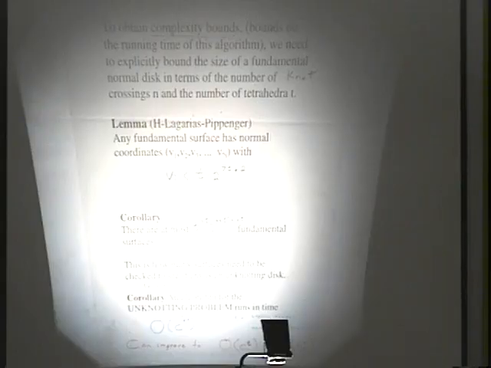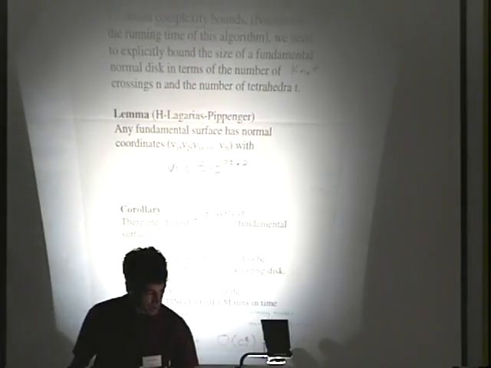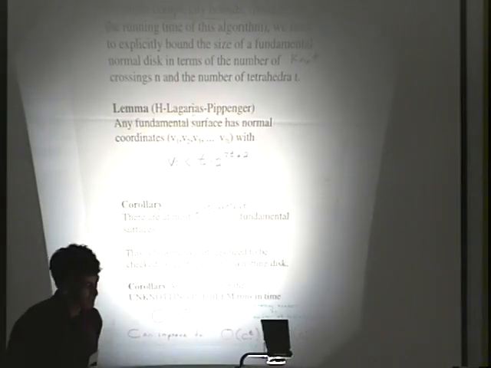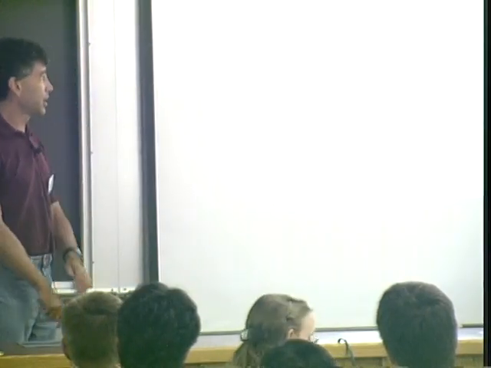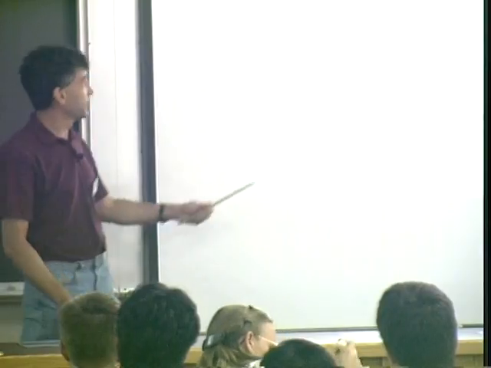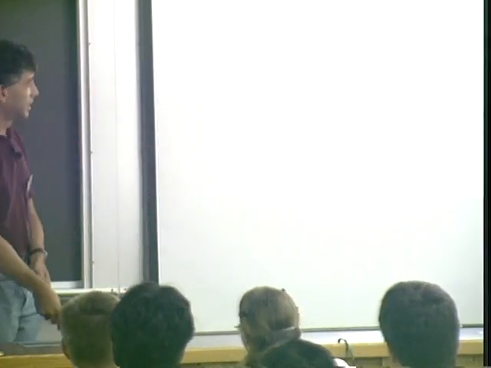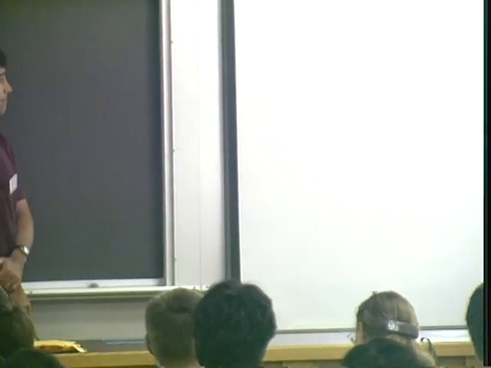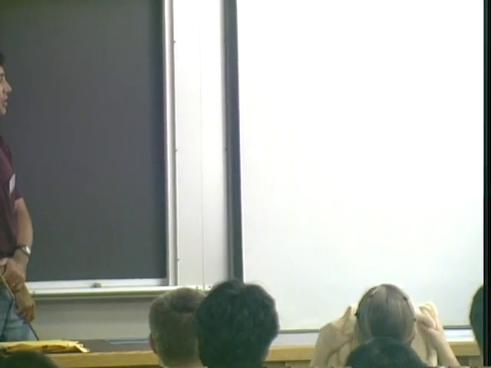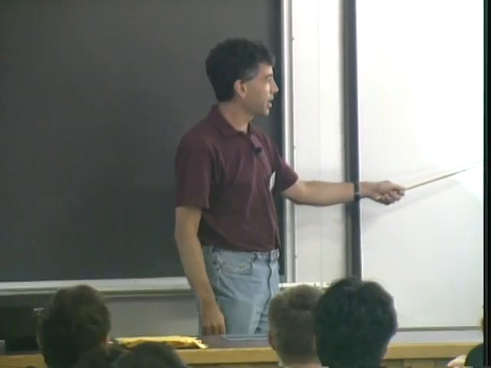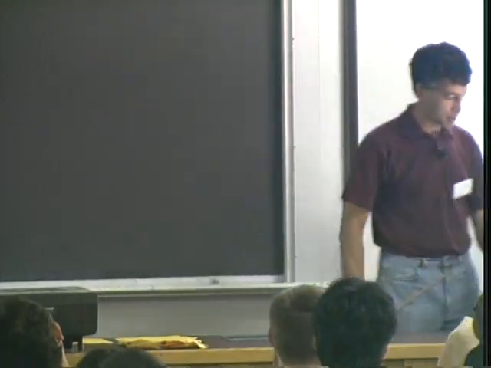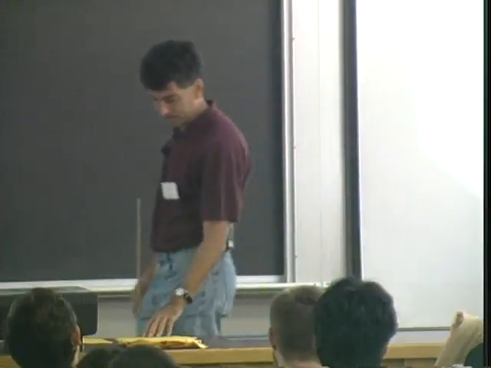And that's gotten by looking at the special form of the linear equations that comprise this system of equations. So once you bound all the coordinates, you can just see how many integer lattice points there are, and there's at most this many fundamental surfaces, and that's how many you have to check to see if any is an unknotting disk. And so an algorithm for unknotting runs in time constant to the t squared.